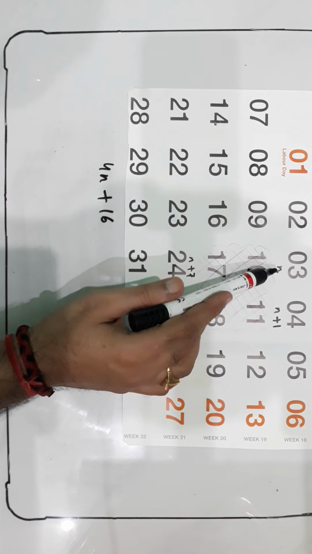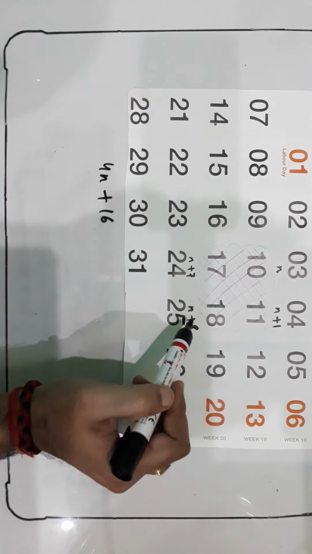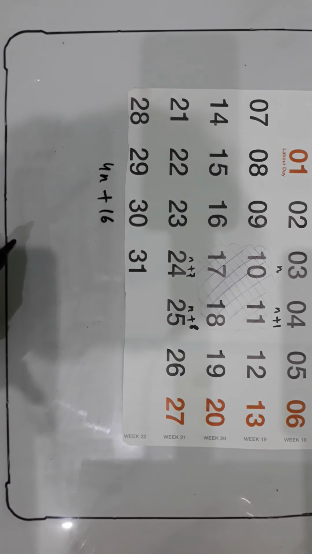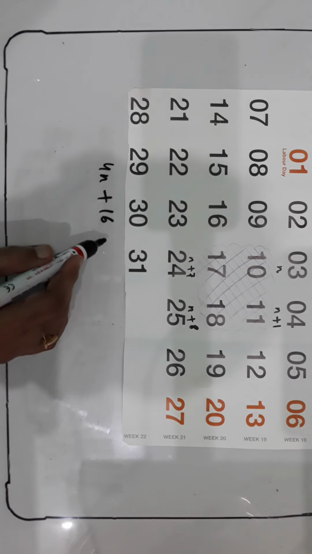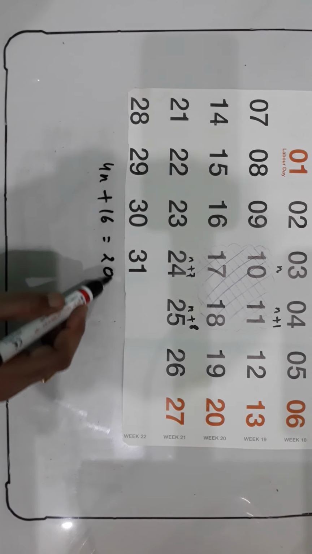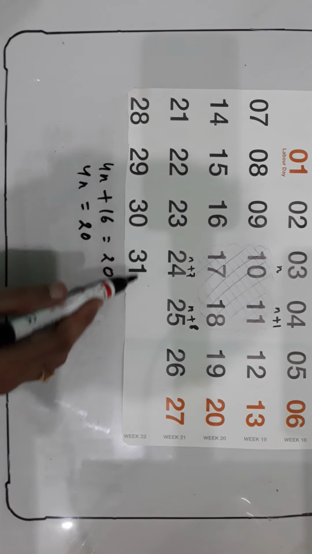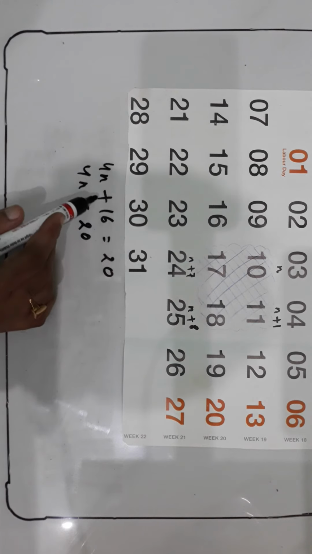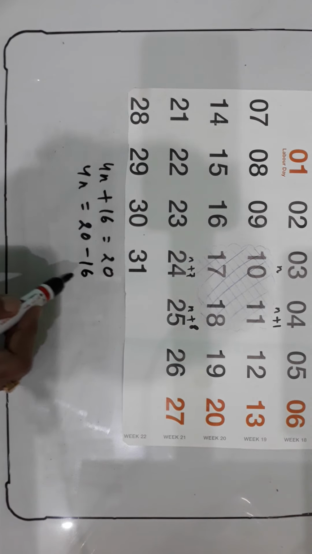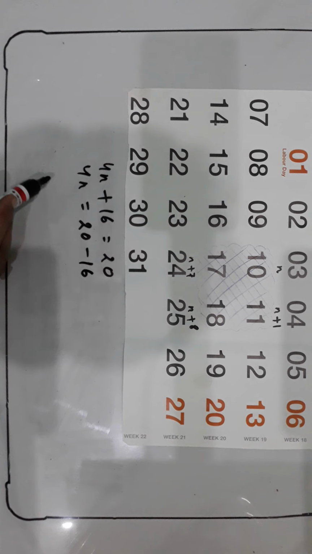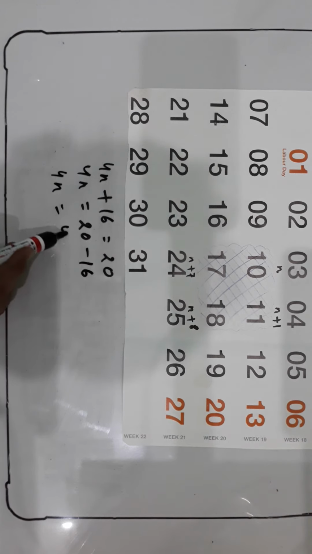See, because this will be n, this will be n plus 1, this will be n plus 7, n plus 8, and I have shown you how this 4n plus 16 will come. So 4n plus 16 equals to 20. It means that 4n equals to 20, and when I transpose the 16 towards RHS, this plus becomes negative sign. So positive 16 becomes negative, and in that manner you get 4n equals to 4. The value of n will be 1, because 4 divided by 4 is 1.